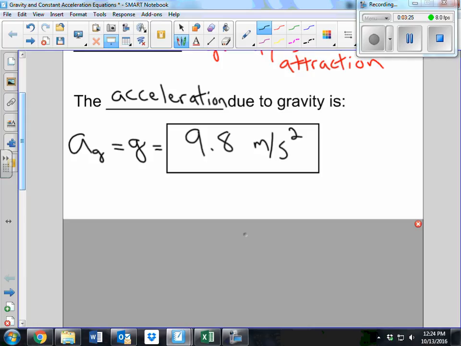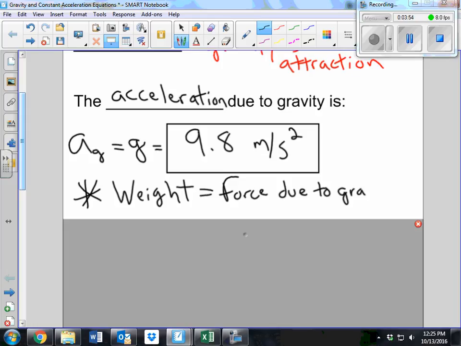Now, there's something here that I'm showing you a little early, but it's really, really important that you get this. That's why I'm starring it. In this case, the word weight equals your force due to gravity.